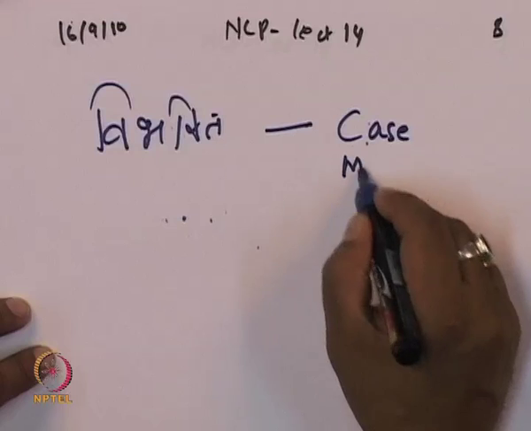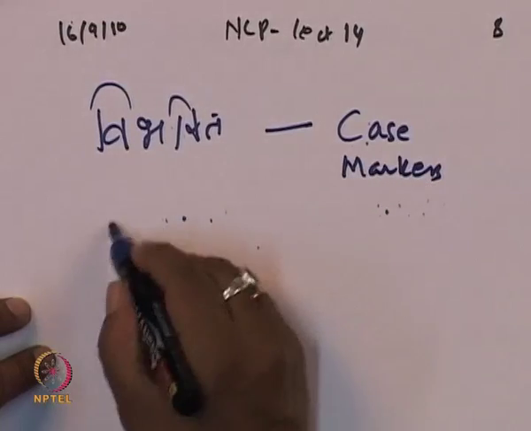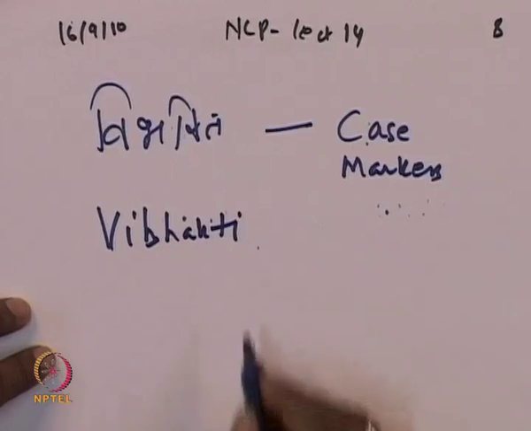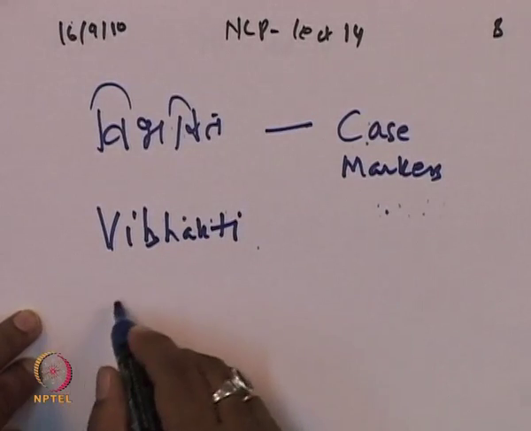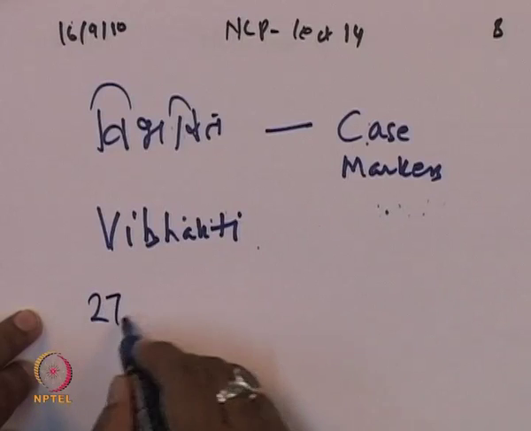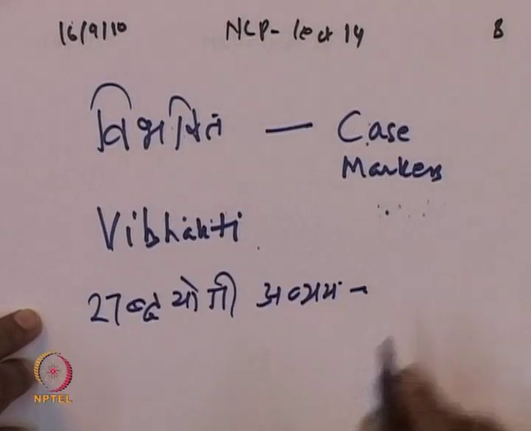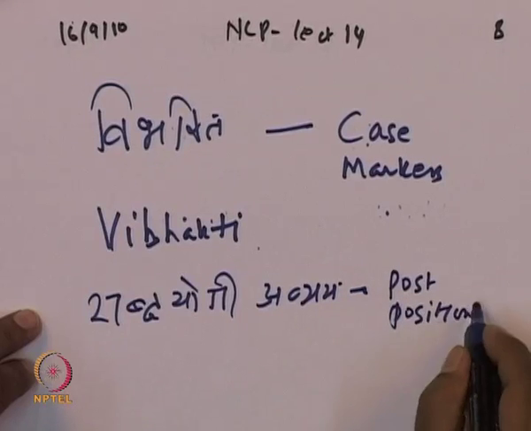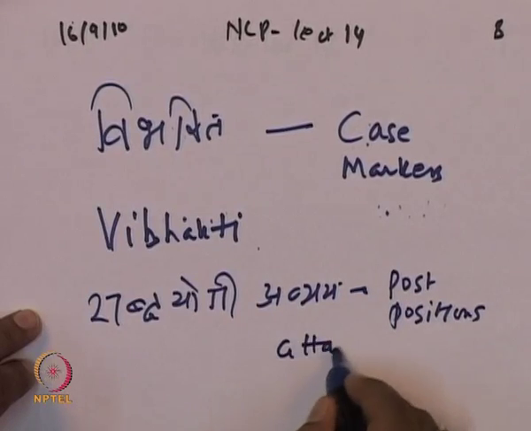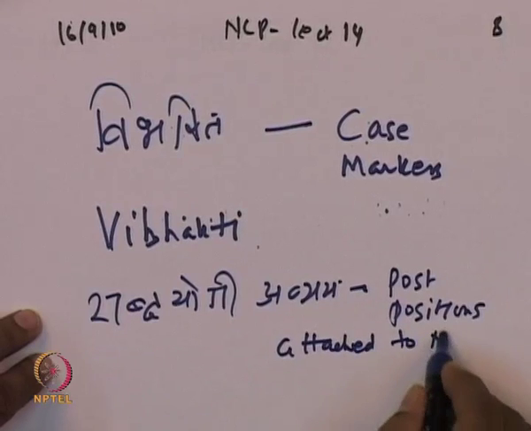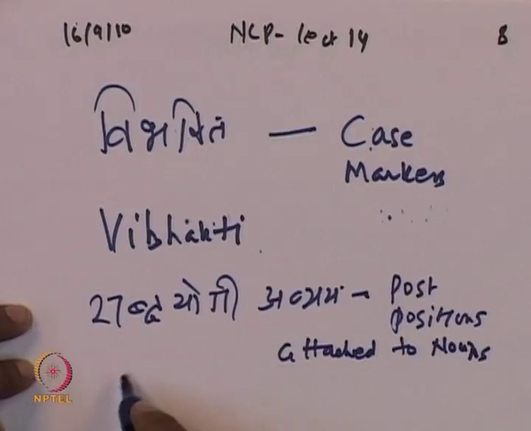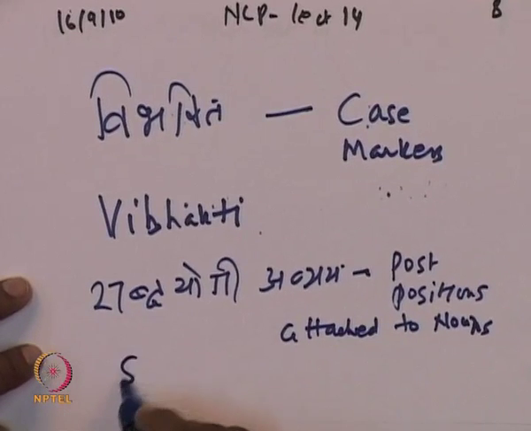Vibhakti, which are something like case markers, and the other is Shabdayogi Avyay. These are postpositions, but attached to nouns. So, I will write it in English.